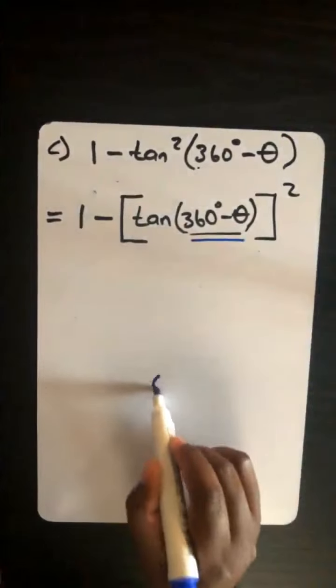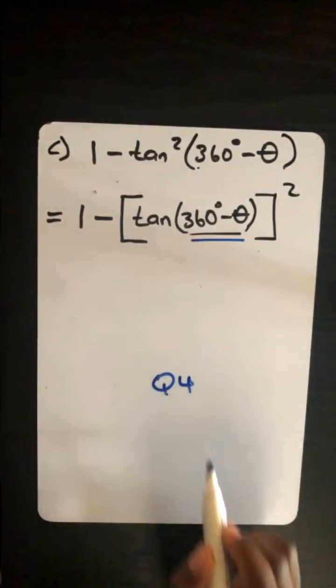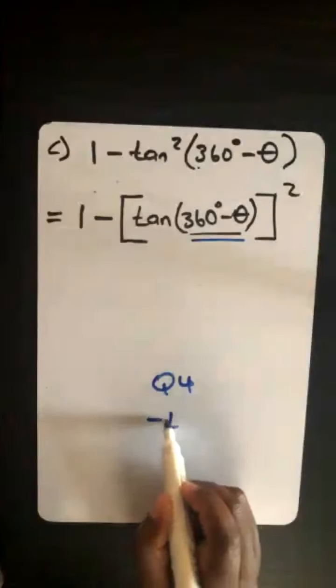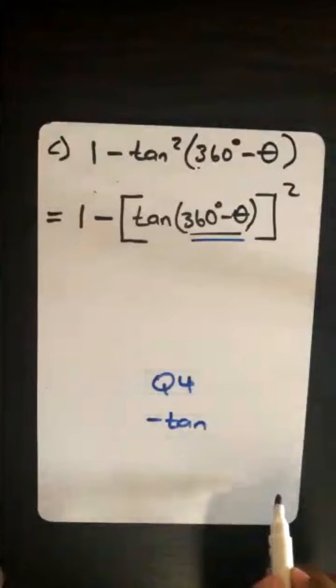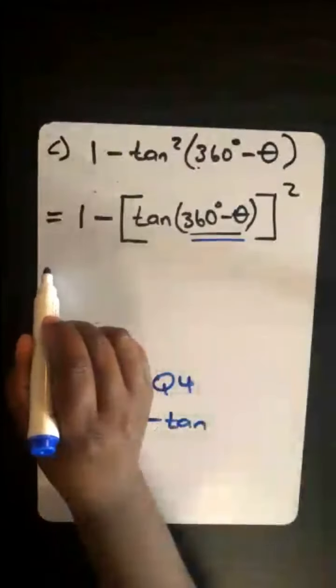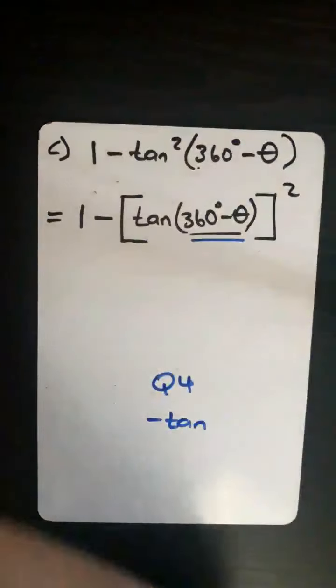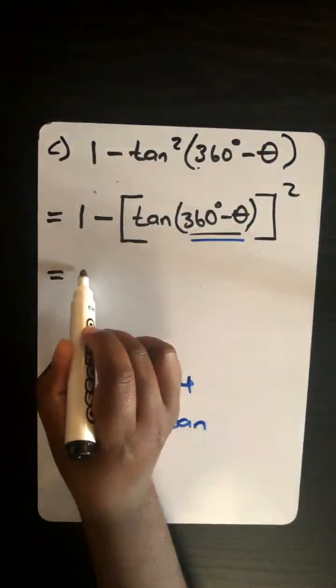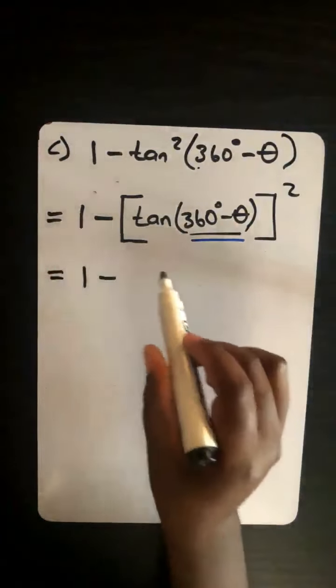So now let's continue. I was asking, under which quadrant does that angle fall? I think it falls in Q4. Okay. And under quadrant number 4, what is it? Tan is negative, if I remember. Just make sure that you correct me if I'm wrong. So that means we are going to have 1 minus.